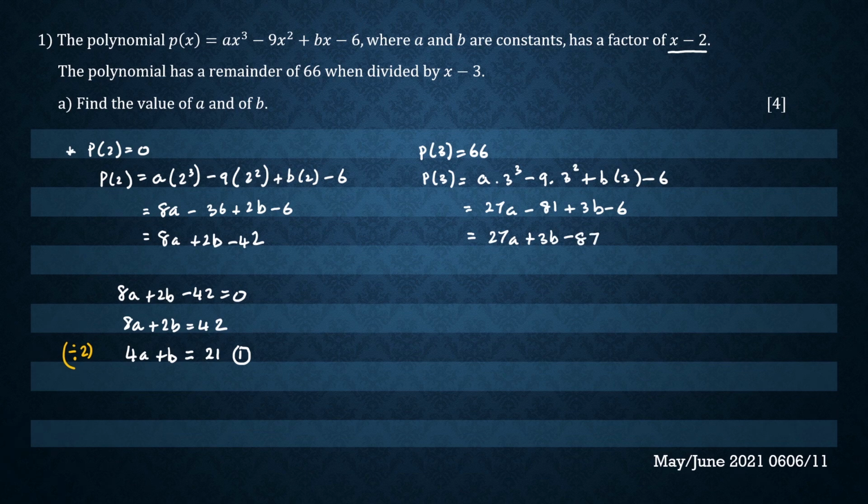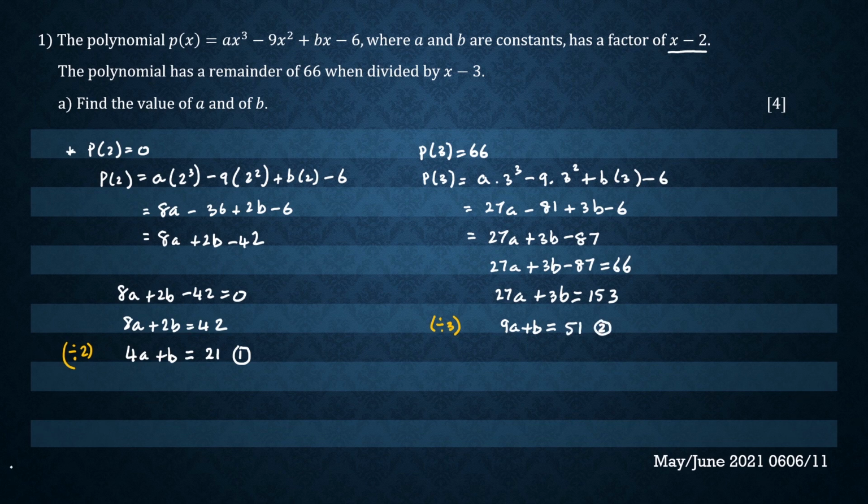This will be equal to our remainder, which is 66. So we can write 27a plus 3b minus 87 equals 66. When we simplify, we'll have 27a plus 3b equals 153. Let's divide this equation by 3. That will give us 9a plus b equals 51. This is equation 2.